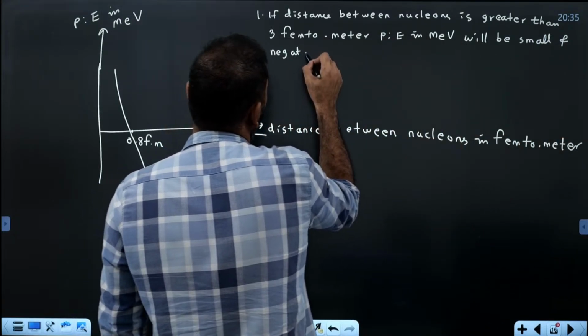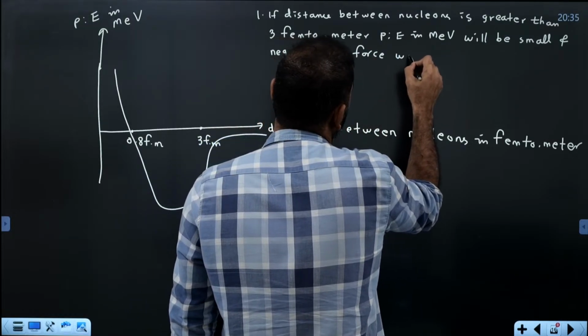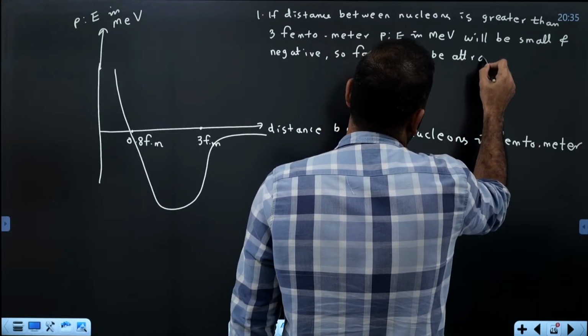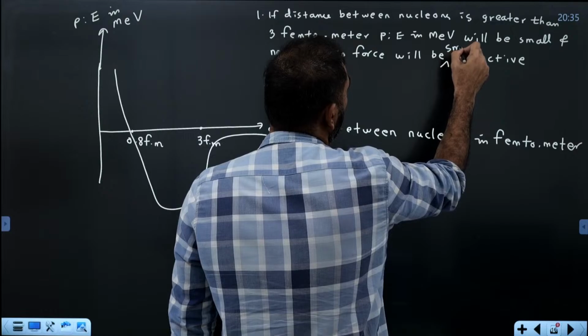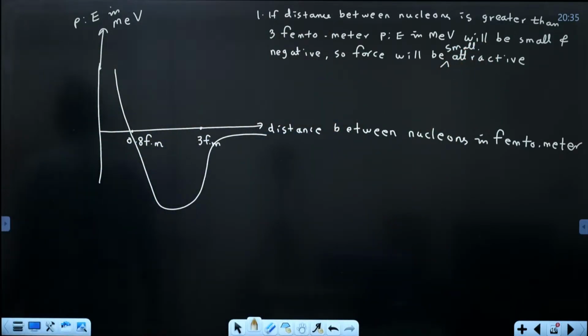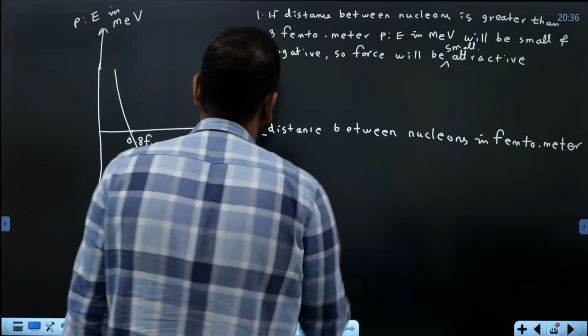So the force will be attractive. Small attractive. Why small attractive? Because potential energy is negative means what? Force will be attractive. If potential energy is small negative means what? Weak attraction. Small attractive or weak attraction.